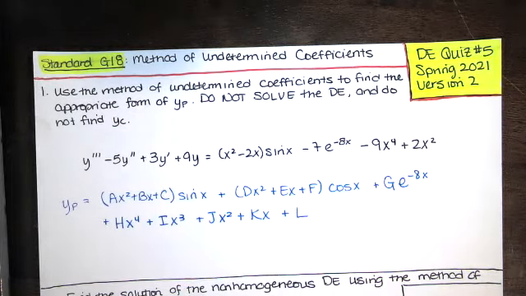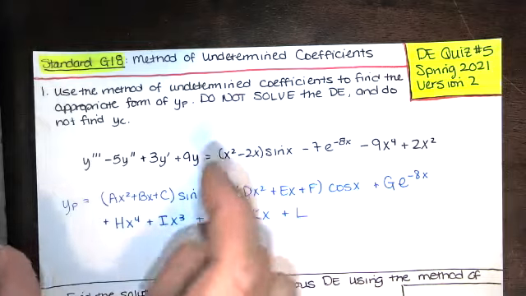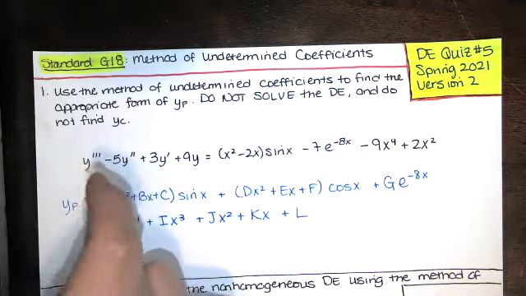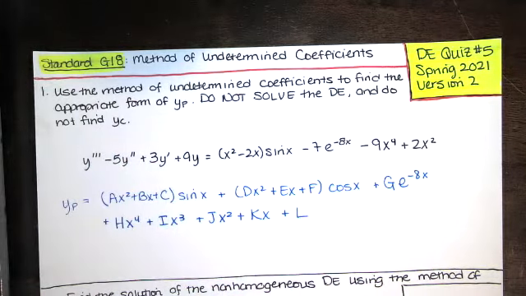And then we would differentiate 3 times, substitute into the differential equation, and set the left-hand side equal to the right-hand side. Then we would set the coefficients of corresponding functions on the left-hand side equal to those on the right-hand side. That's because of the linear independence of all of these functions.